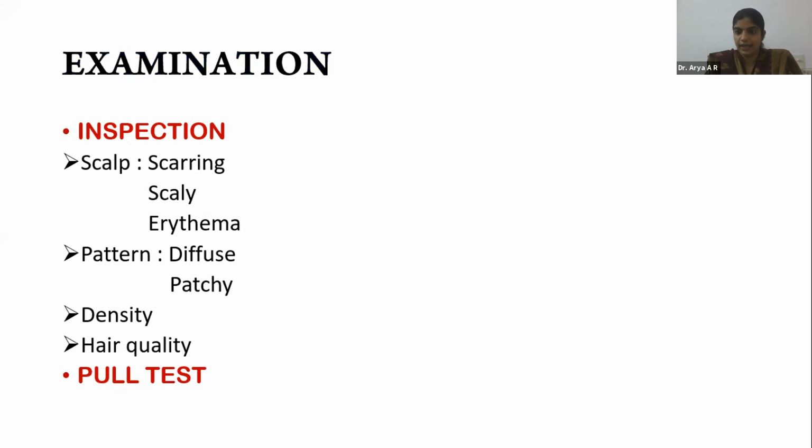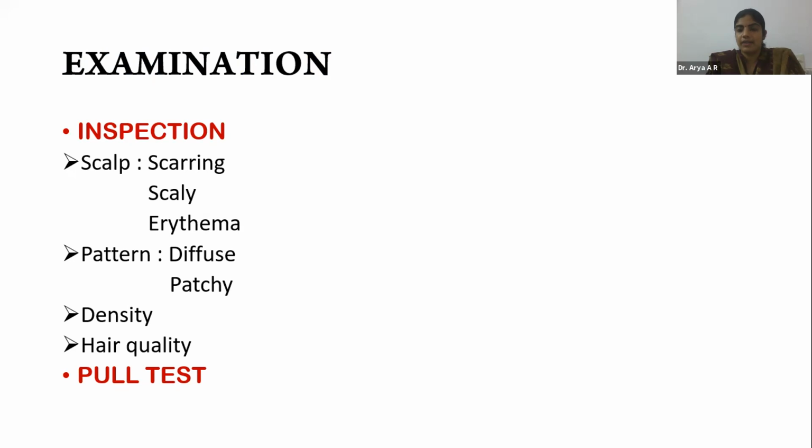Is there any scarring? Scarring means we could see a spot where no hair is there. That is a condition of alopecia. But in scarring, no more hair follicle is there, so from that portion, the regrowth of hair is very difficult. Next one is scaly, whether the scalp is very scaly. And erythema, is there any eruptions in the scalp?